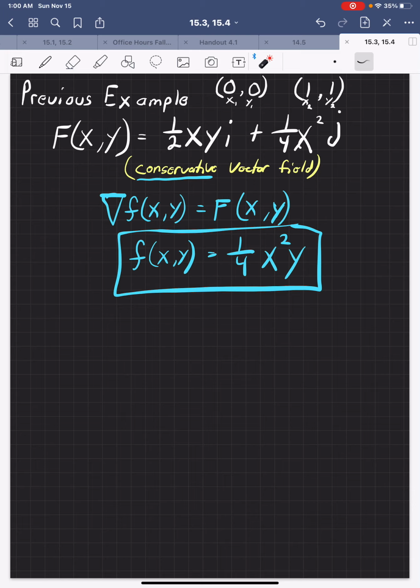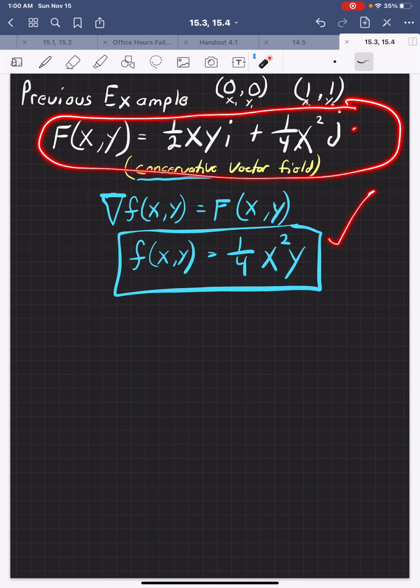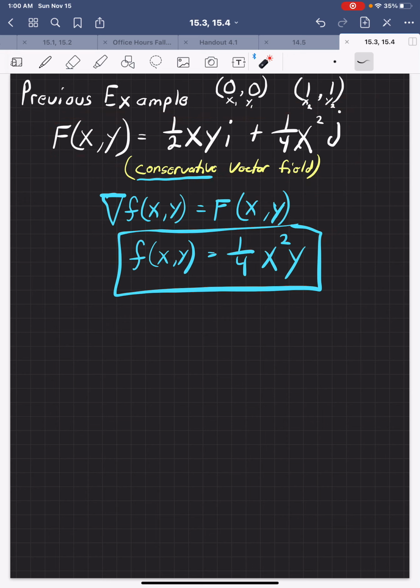If you go back and look at the procedures we used in 15.1, I guarantee you could figure out how, using those techniques, we could get that potential function from the vector field. Please don't let me lose you. Here is the critical point of this entire section.